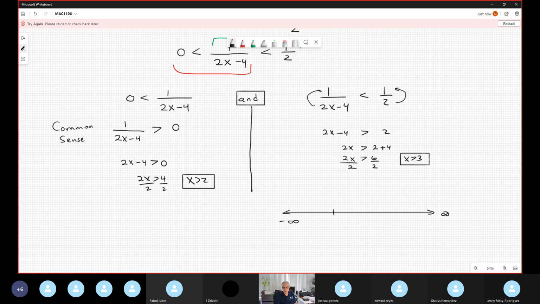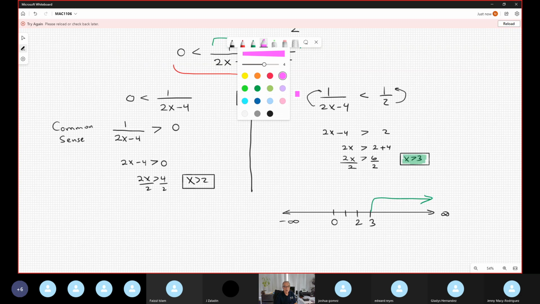We have 0 here, not necessarily in the middle, because the values in my problem live in the positive part, 1, 2, and 3. That part is here, and that part is here.